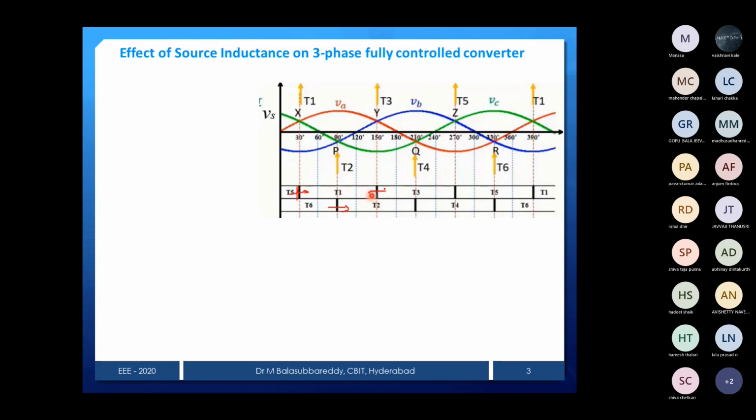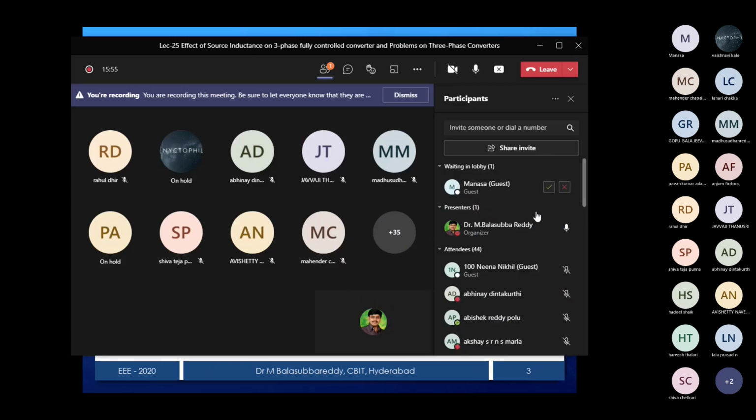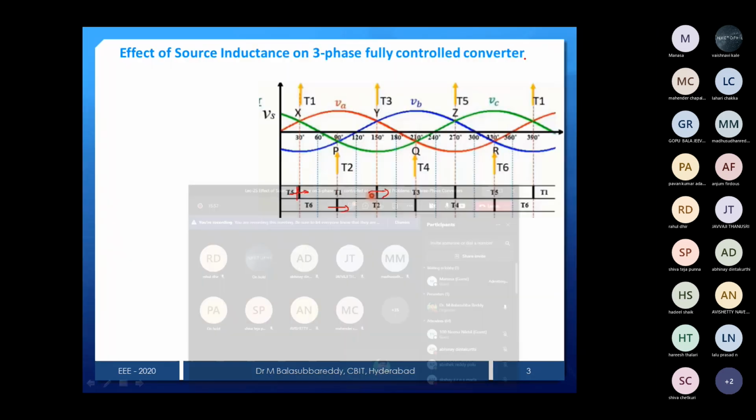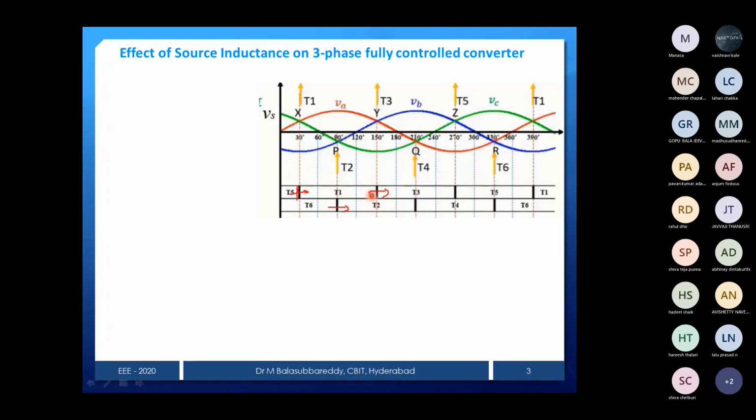Similarly on the upper side, in every instant one is an upper group, another one is a lower group. We can see that there is a changeover. Wherever crossovers are there, there is a changeover, depending upon the availability of the firing pulse. And again 2, 4 changeover, then 3, 5 changeover, then 5, 1 changeover, like this.